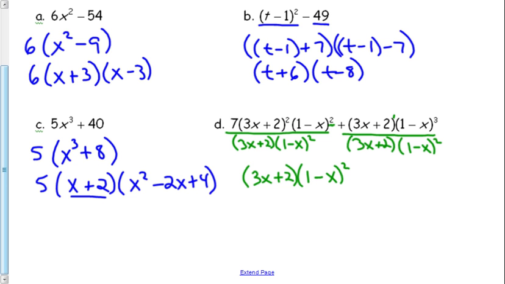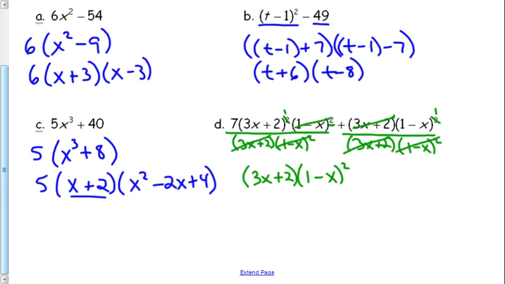Okay, you can see in the first one, the 3x plus 2 on the denominator cancels with one of the ones in the numerator. The 1 minus x quantity squared cancels with all of the ones in the numerator. On the other big term, you have 3x plus 2 to the first, cancels with 3x plus 2 to the first. 1 minus x quantity to the second cancels with two of these three, leaving us with only one.